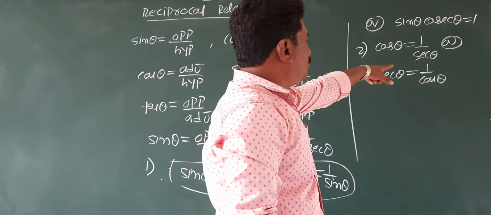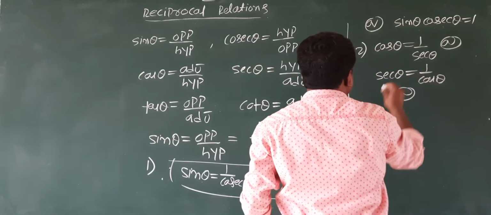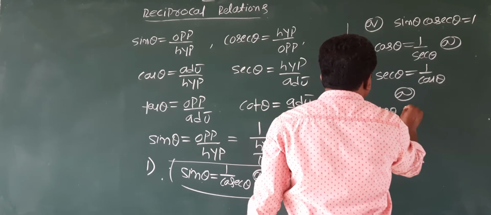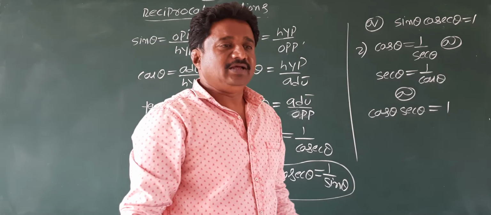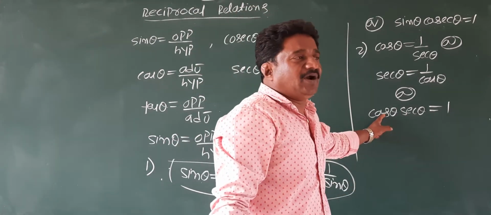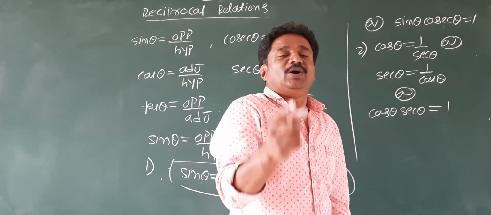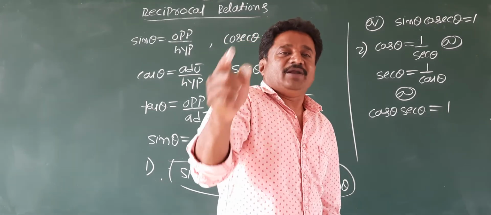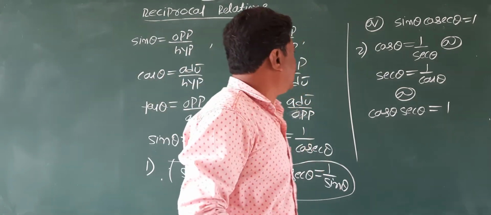So cos theta into secant theta equals 1. Why cos into secant 1? Any quantity into its reciprocal must be 1. X into the reciprocal of x, 1 by x, should be equal to 1.